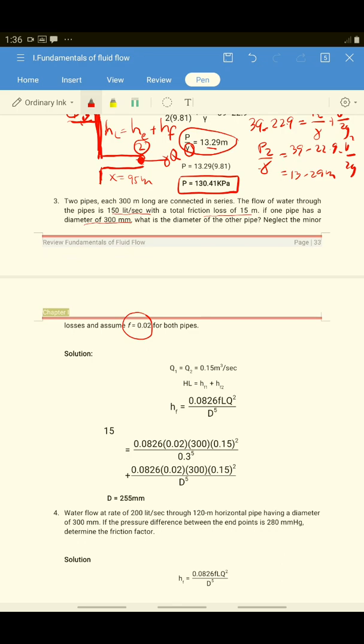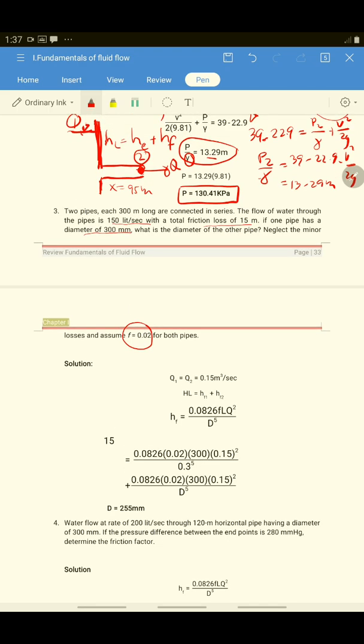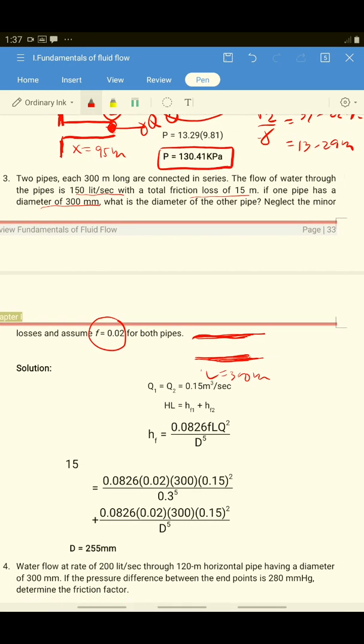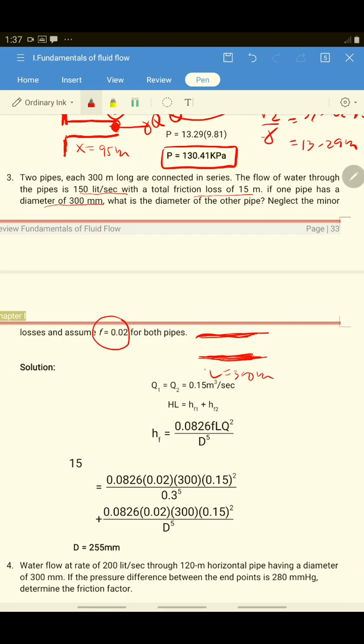Okay, we will try this one. So here again we will try to illustrate the problem. You have two pipes, each 300 meters long, connected in series.